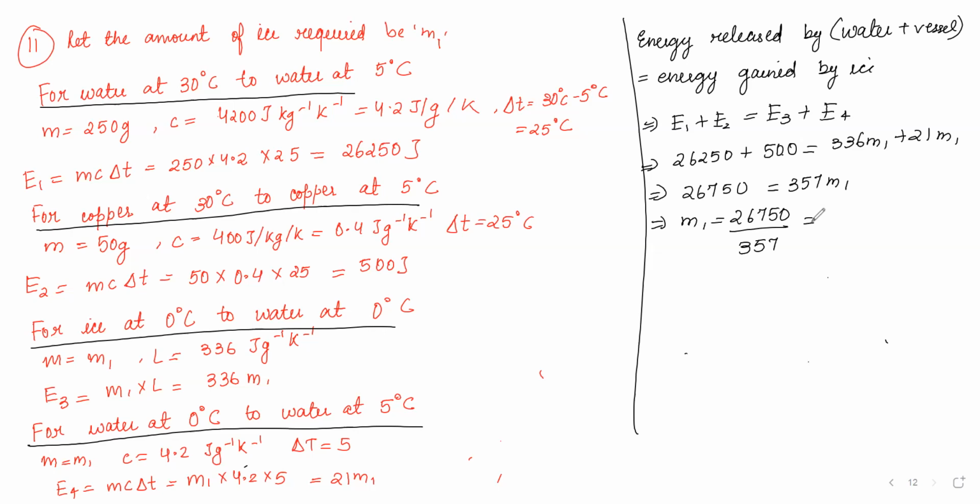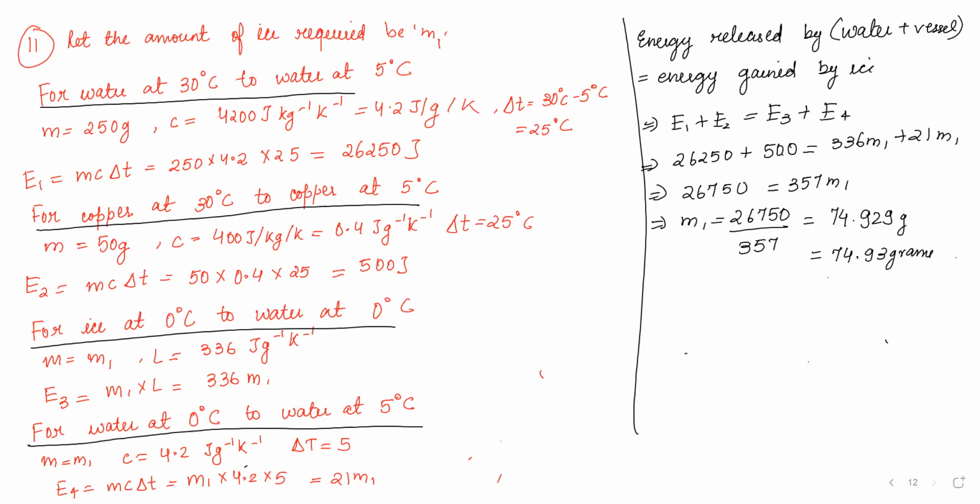So this is coming out to be equal to 74.93 grams. Okay, so this is the answer that you are getting, very much similar to the previous sum. It's just that in place of calorimeter, we had copper vessel.